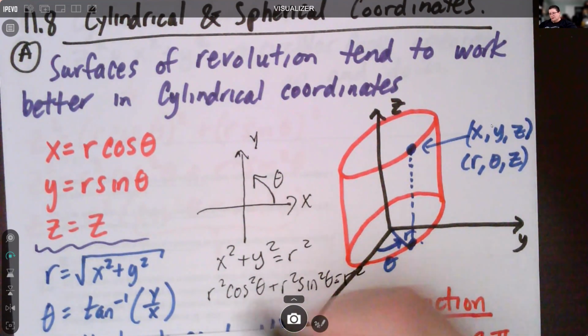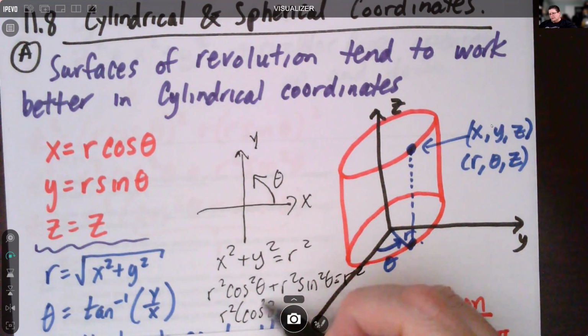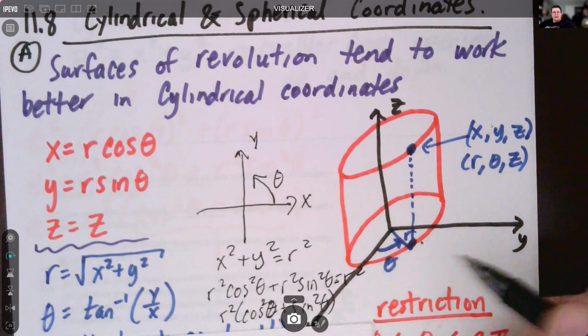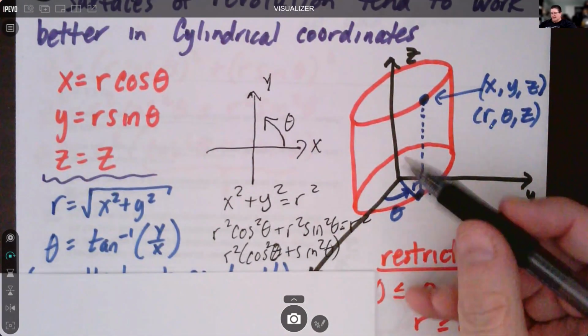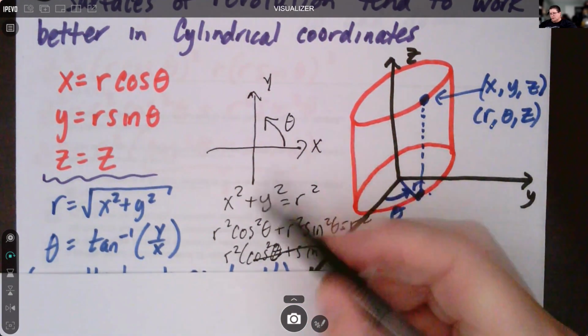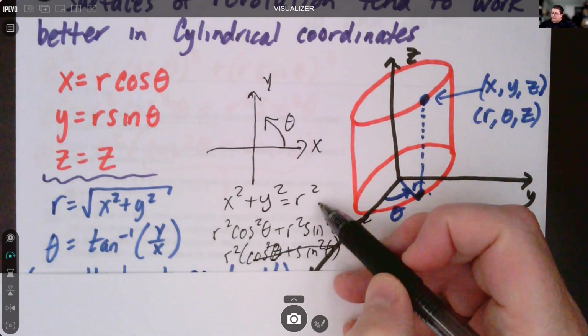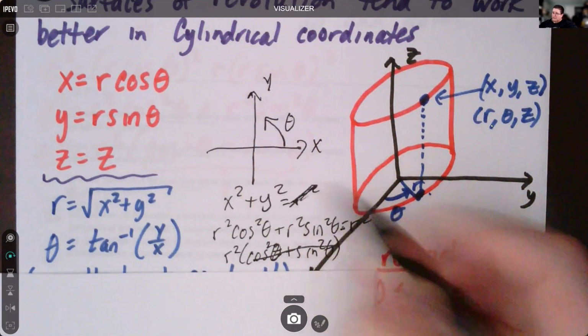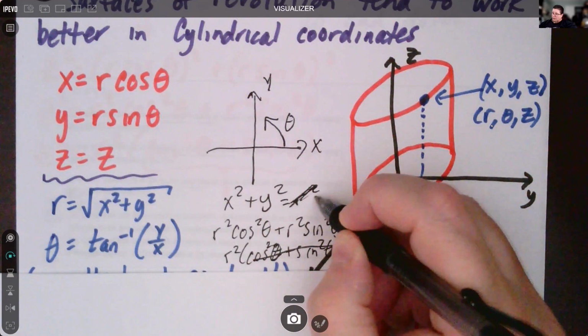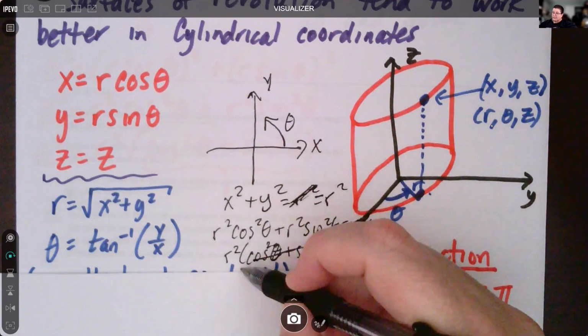We factor out the r squared, and we've got cosine squared theta plus sine squared theta. And recall that value equals 1. So x squared plus y squared equals r squared. We know this equals r squared when we work it out, go through the process.